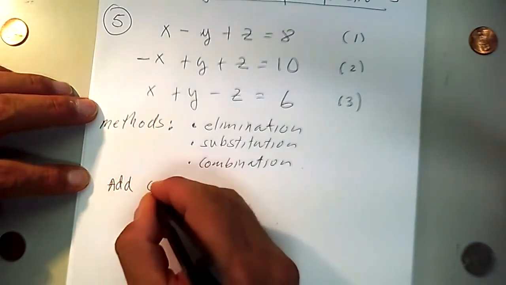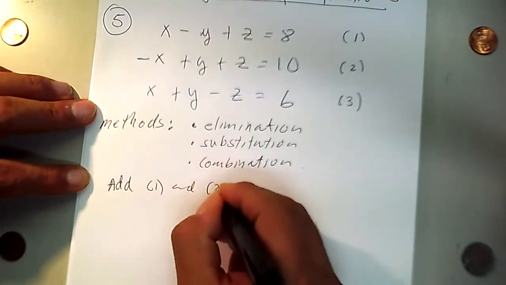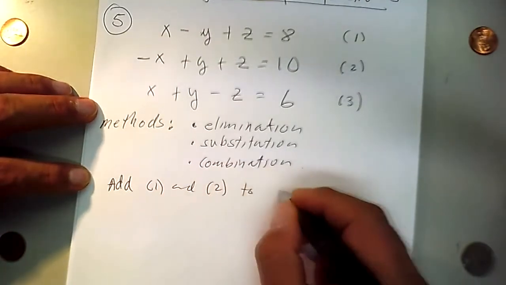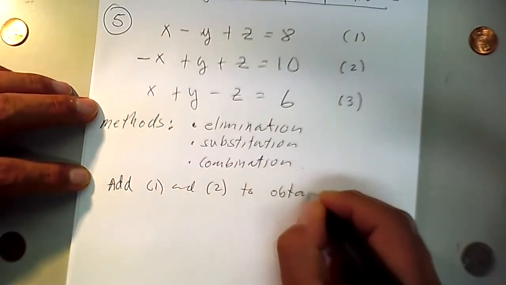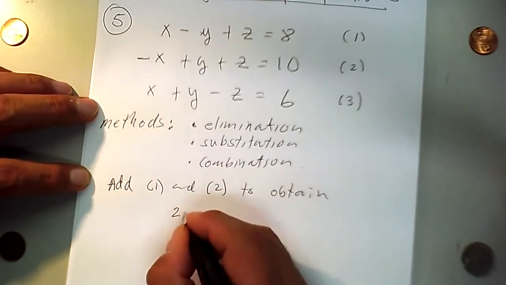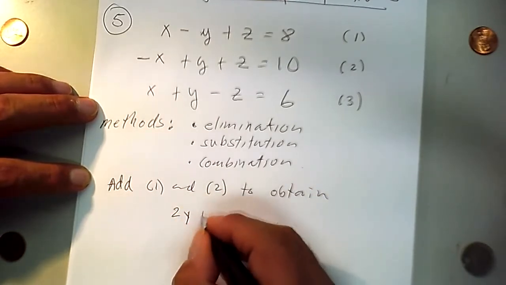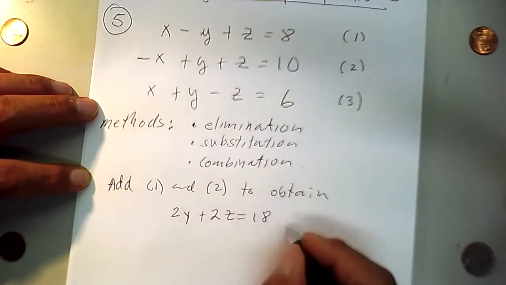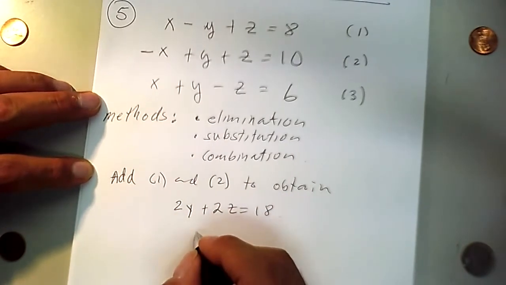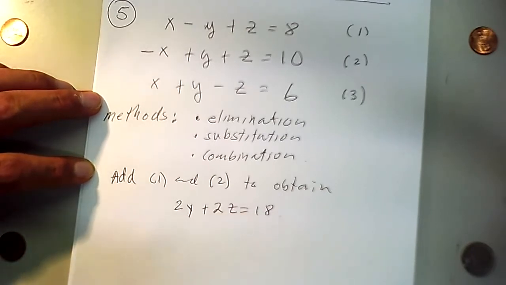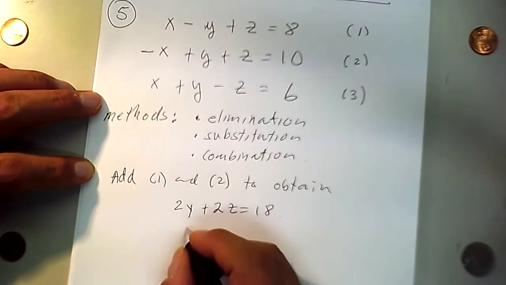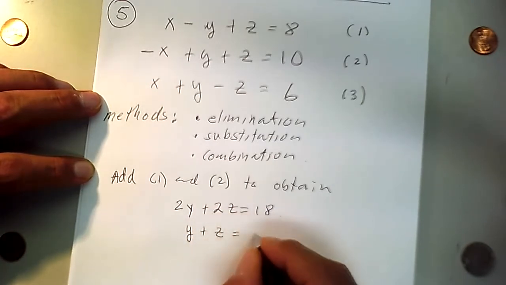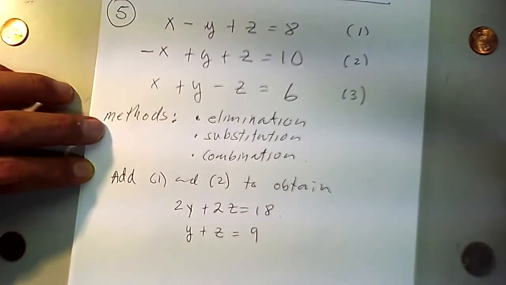Add equation 1 and equation 2 together to obtain 2y plus 2z equals 18. Or if we divide this equation by 2, we end up with y plus z equals 9. Okay.